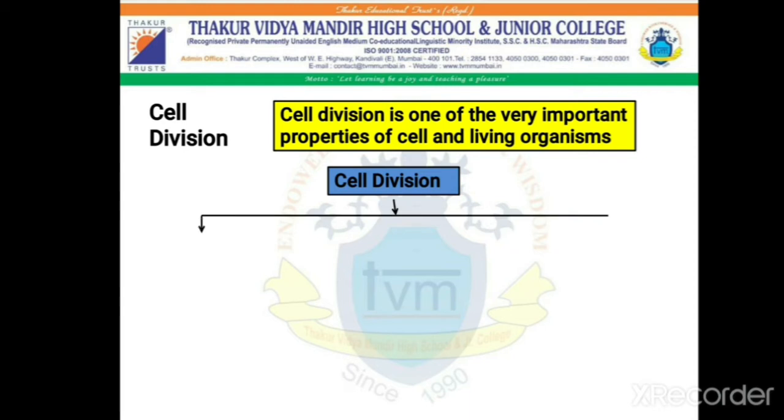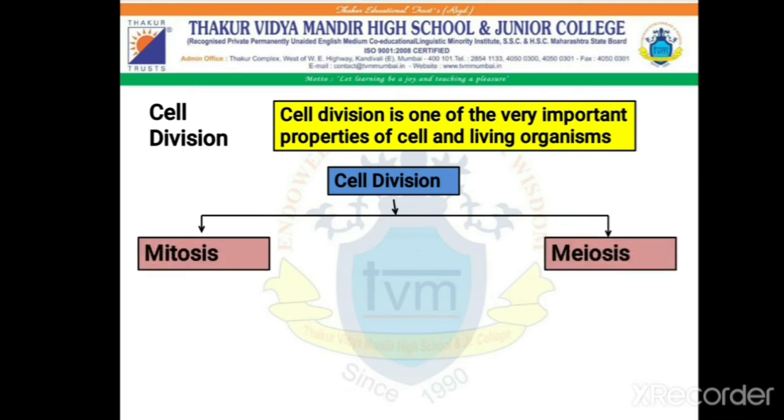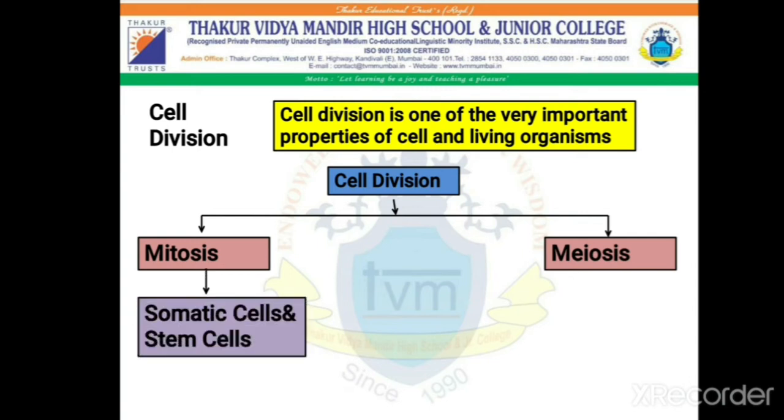First is mitosis, second is meiosis. The process of mitosis can be carried out in somatic cells and stem cells, whereas the meiosis process is carried out only in germ cells.